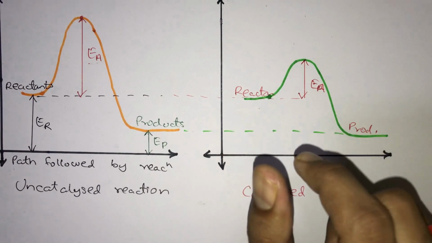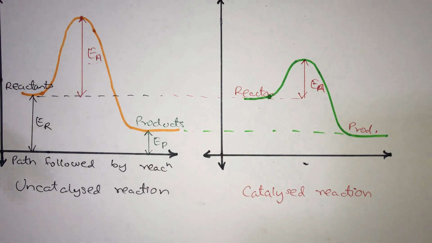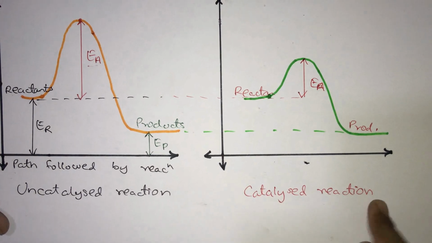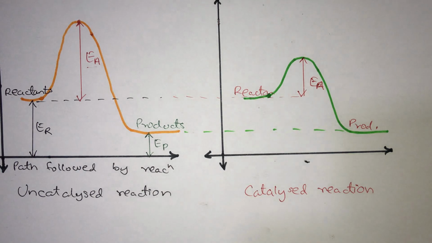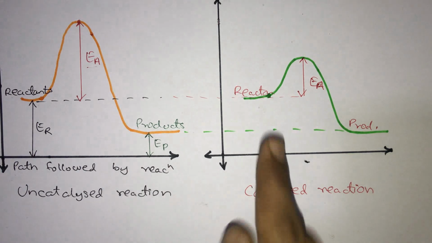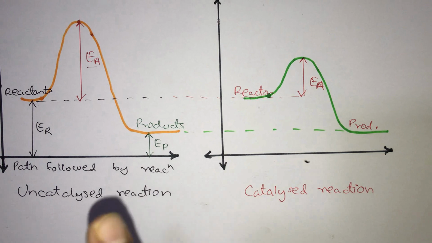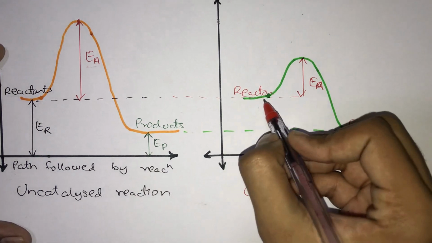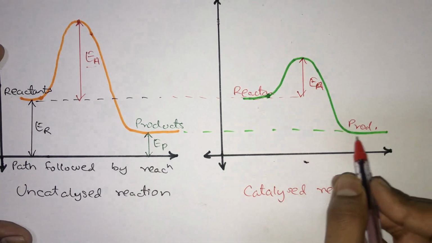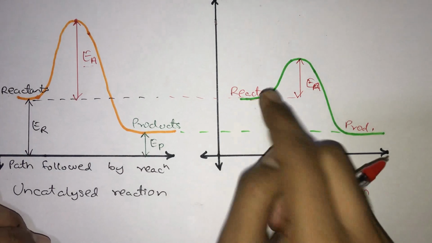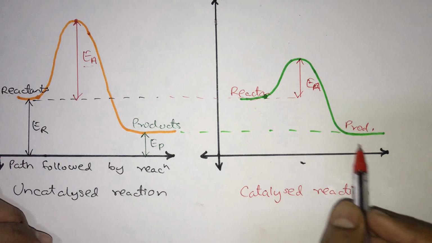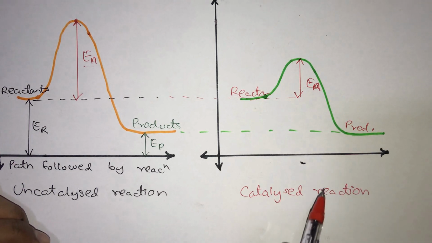Now if someone tells you that in a catalyzed reaction the activation energy is decreased, then that person is wrong. Here the activation energy is not decreased, instead the path followed is different. The catalyst forces the reactants to follow a different path in order to reach to the products.